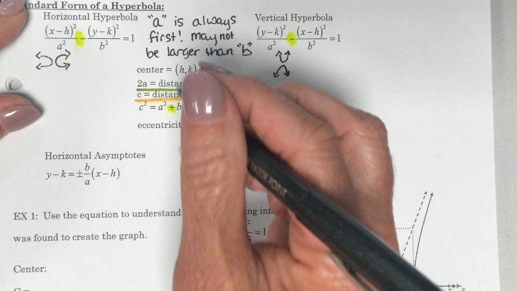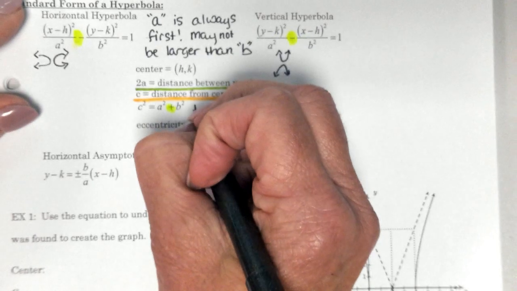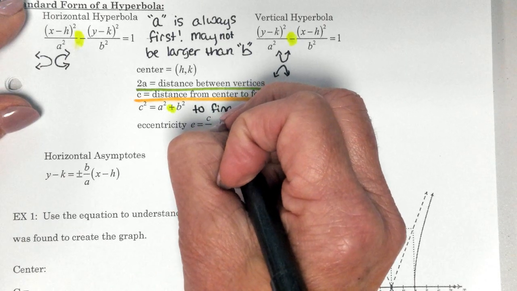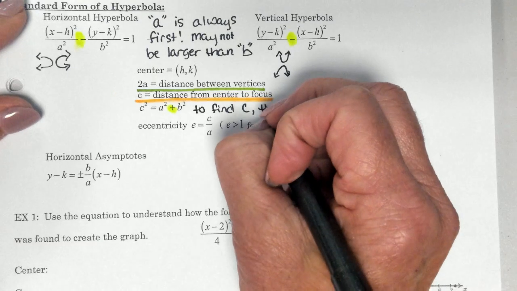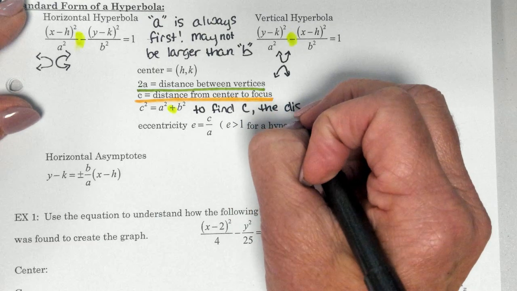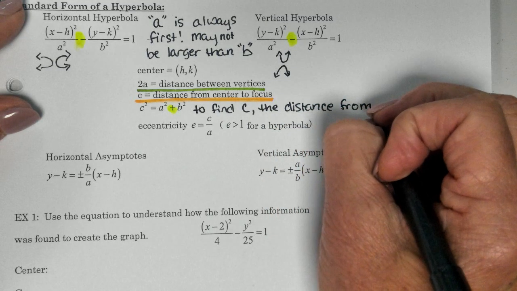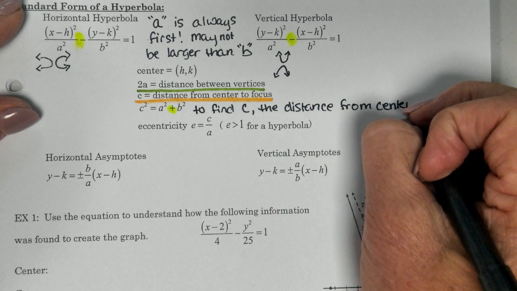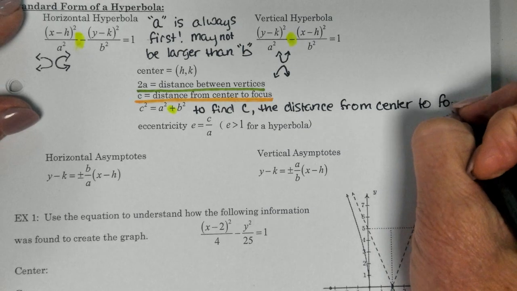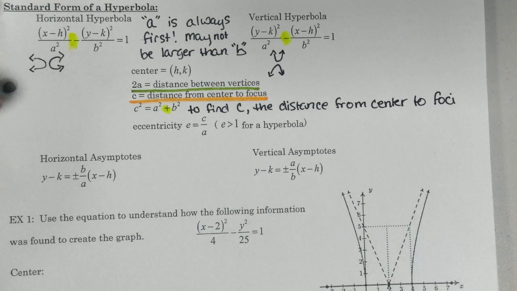This is to find C, the distance from center to foci. To find C, the distance from the center to the foci.